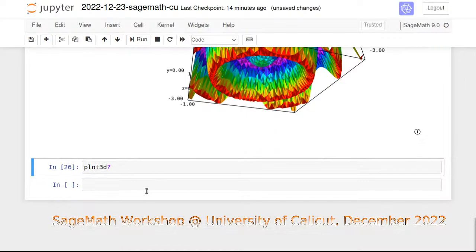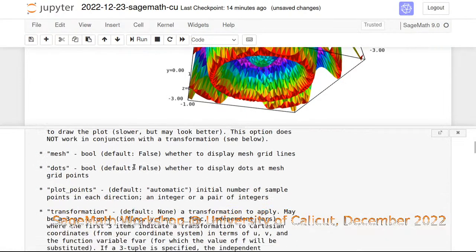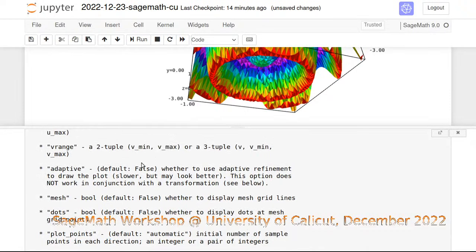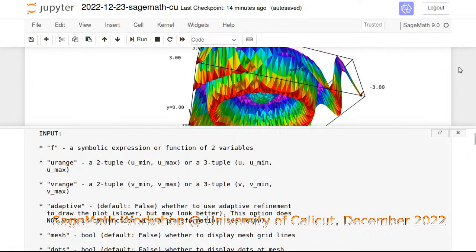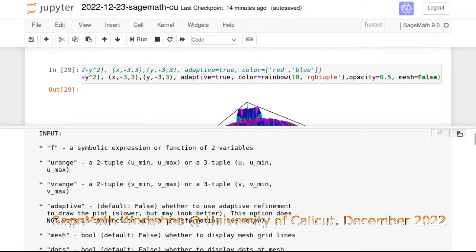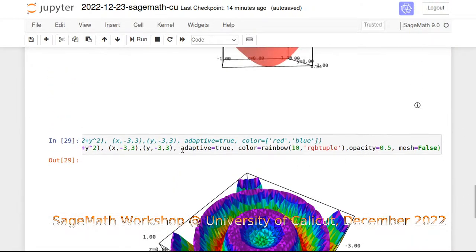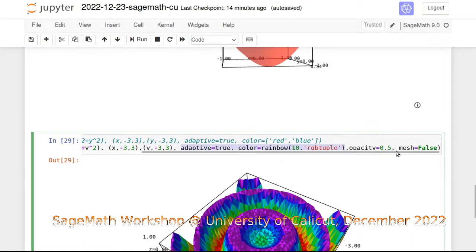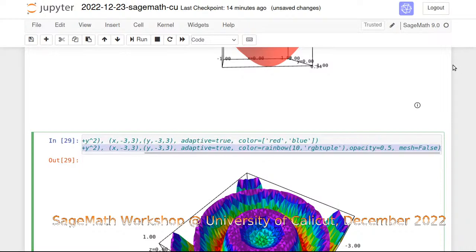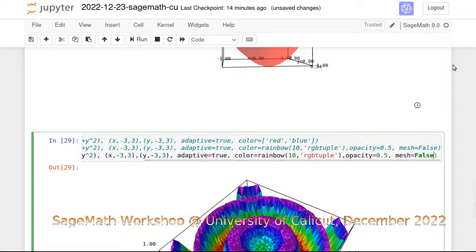Mesh doesn't seem to have much effect. The grid lines are not actually coming. Where are the grid lines? Are we seeing some extra grid lines? Is it because, okay, let us just try to suppress this coloring and see if this is working. Let us just change this. Maybe because of the adaptive, some of the options will not go together.